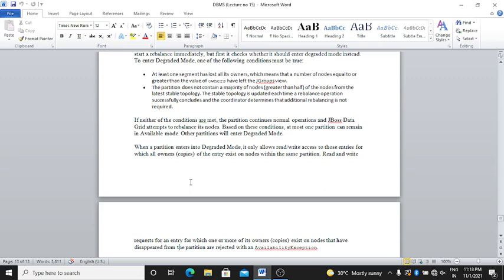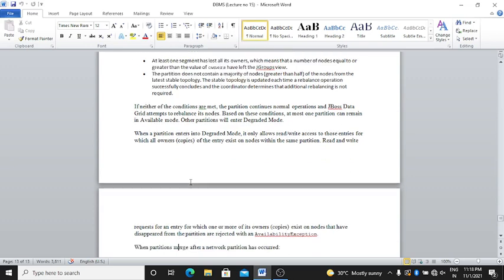Based on these conditions, at most one partition can remain in available mode. Other partitions will enter degraded mode. When a partition enters degraded mode, it only allows read and write access to those entries for which all owners of the entry exist on nodes within the same partition.